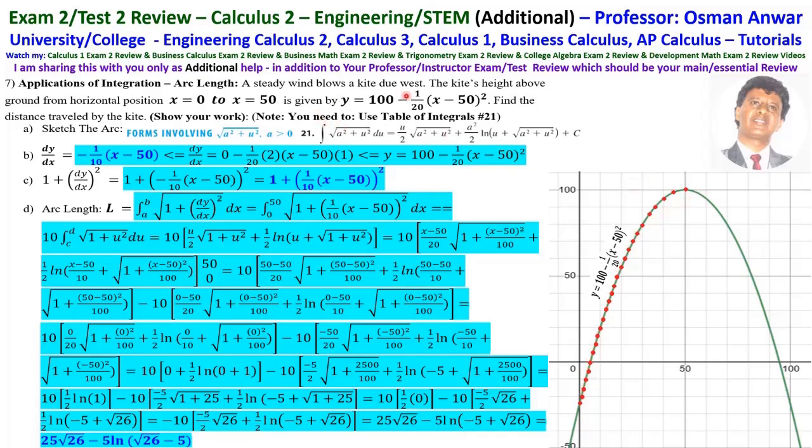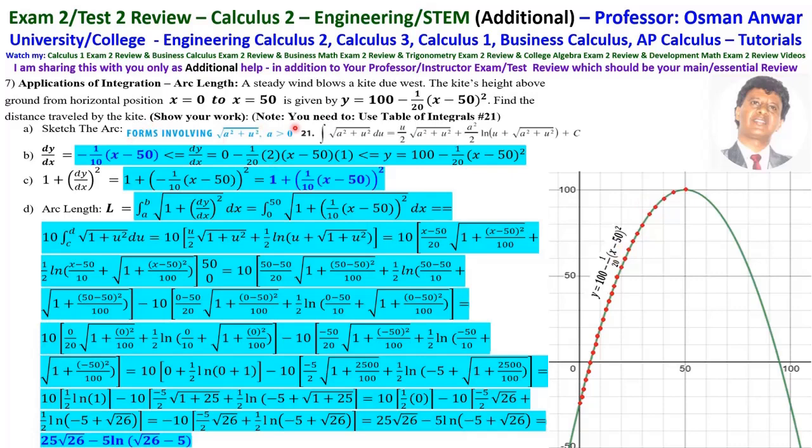So, obviously, you can see this is a concave down parabola. It is shifted up vertically by 100 and shifted to the right by 50. And we are finding the arc length from 0 to 50, which is the red dotted part.